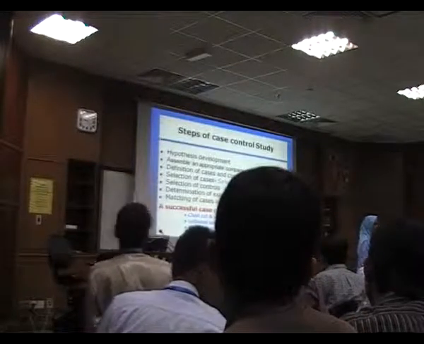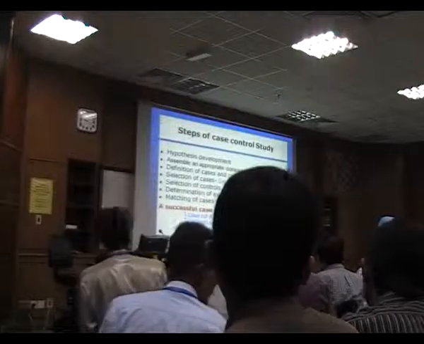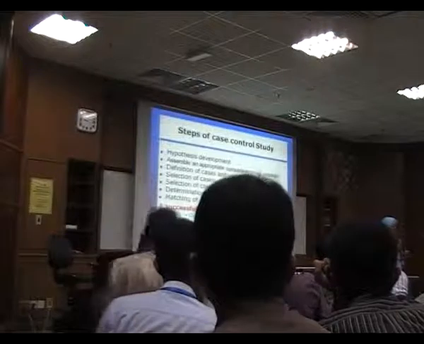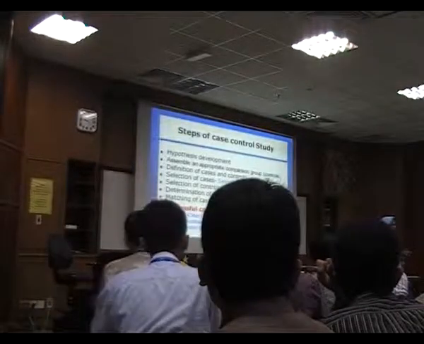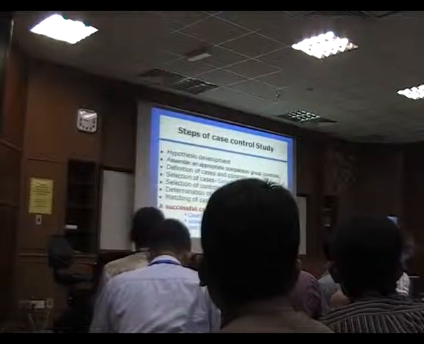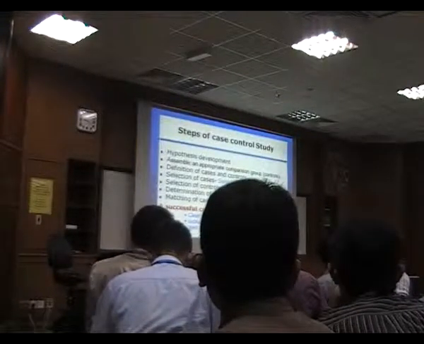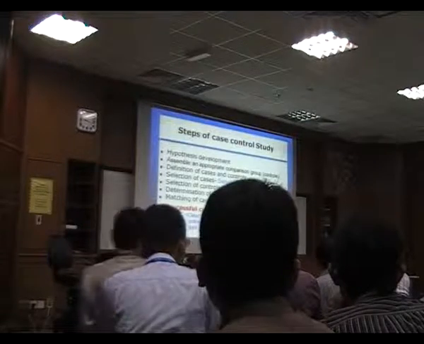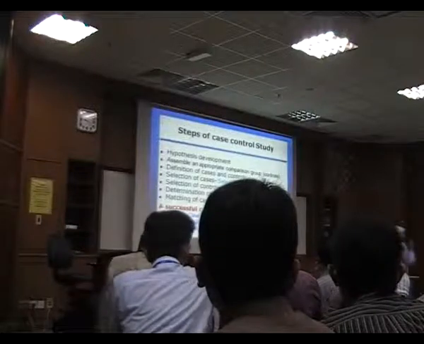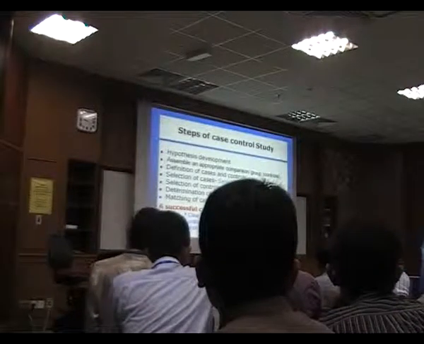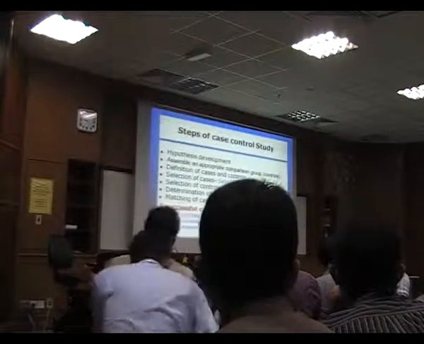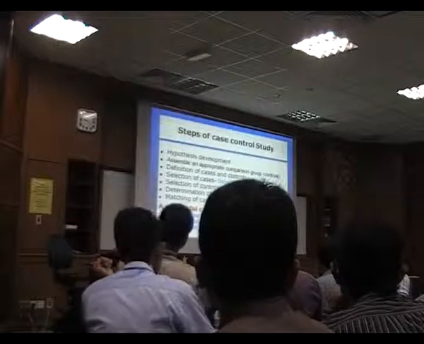If my statistical test shows that among the cases there are more and more smokers, of course you are sure that smoking is associated with lung cancer. Okay? So you have to have a hypothesis. The hypothesis is smoking may cause lung cancer, may cause. And once you test it, then you can conclude smoking is associated with lung cancer.